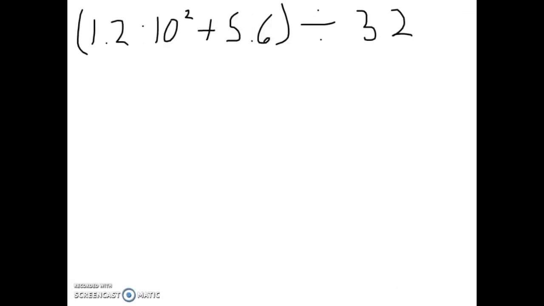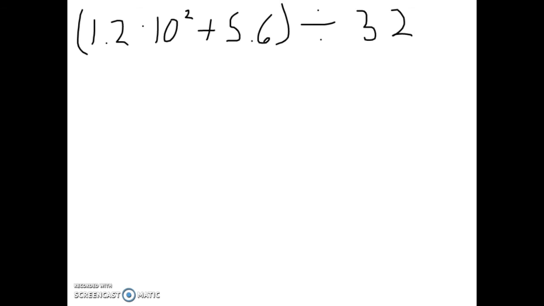Finally, let's use an example combining all of our rules. So 1.2 times 10 squared for our scientific notation term, plus 5.6, all inside parentheses, divided by 32. So step one, as always, is to start inside the parentheses.